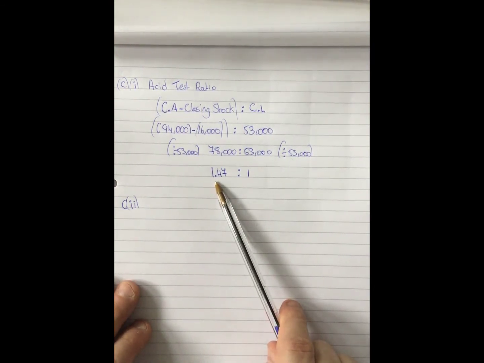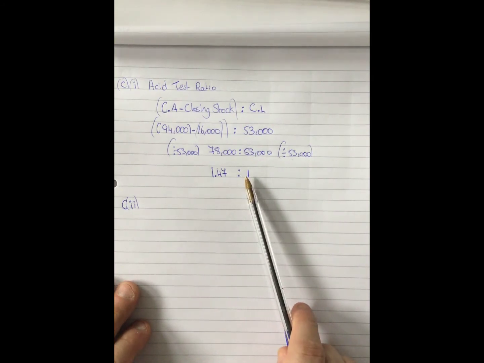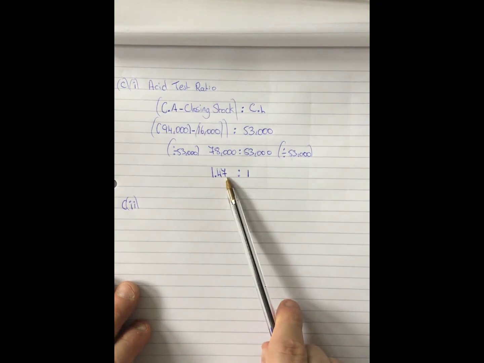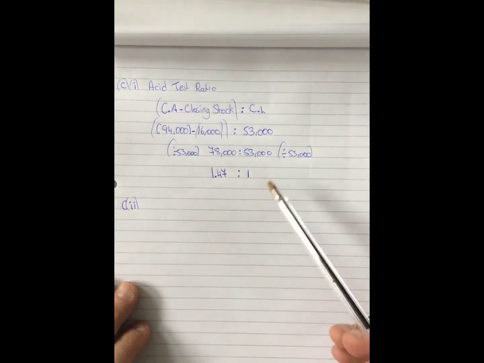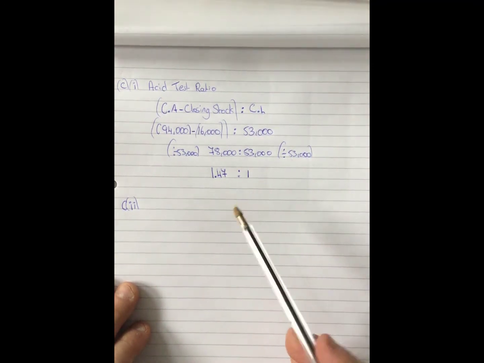So in this case, our liquid assets for every euro that we owe are 1.47. And in actual fact, what's recommended for this is 1 to 1. So anything above that is good. Anything below that is bad.